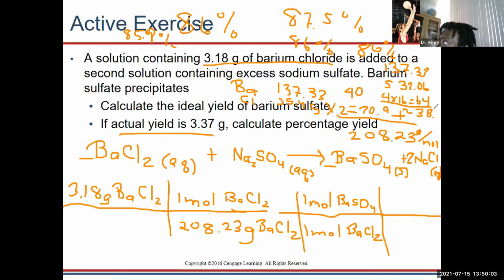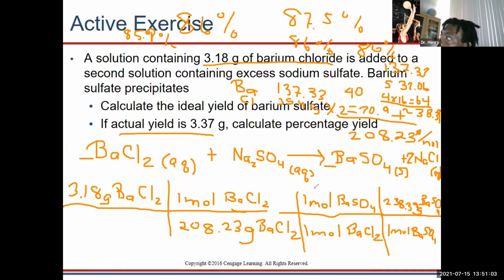Okay, 0.39. So 238.39. Okay, so then we have 1 mole of barium sulfate equals 238.39 grams of barium sulfate.